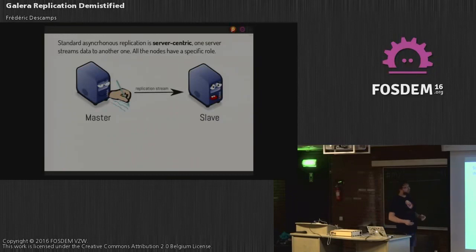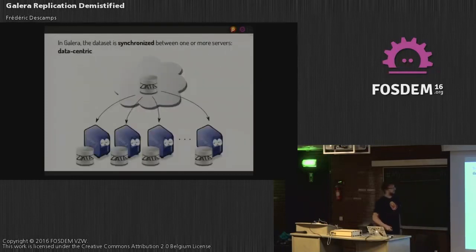But for the people who don't know Galera at all, usually when we talk about MySQL replication, we have a master and a slave, right? There's a stream between the master and the slave, and this is what we call server-centric replication. We have a master and a slave, they have a role. With Galera, it's different, we are data-centric, so we don't care about the role of the server, but we care about the data.